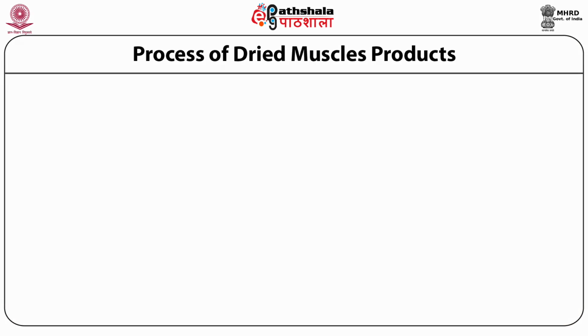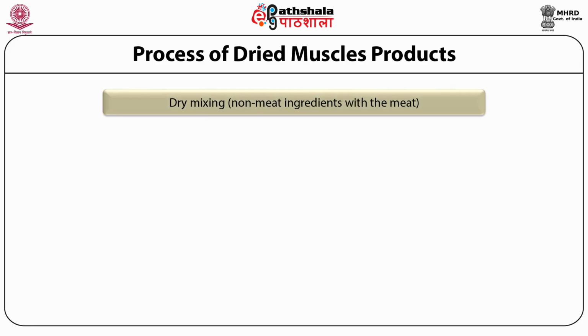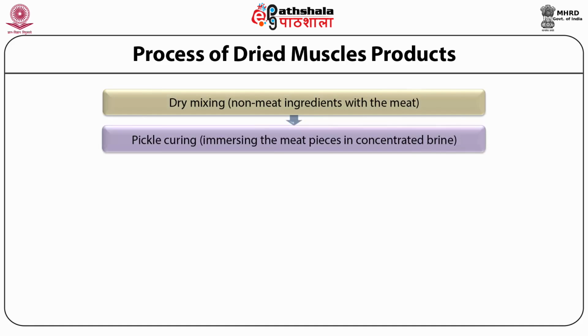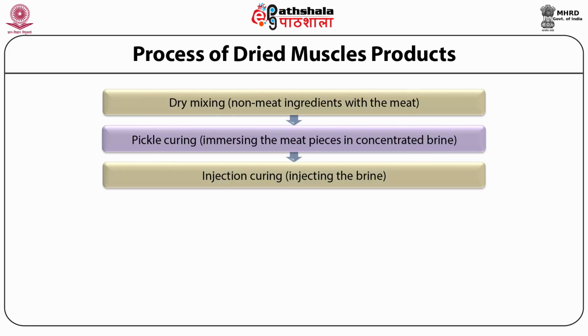An initial process for manufacturing whole muscle products consists of dry mixing the non-meat ingredients with the meat, pickle curing by immersing the meat pieces in concentrated brine, or injection curing by injecting the brine. Injection curing is less common since the water in the brine must be later removed during drying.